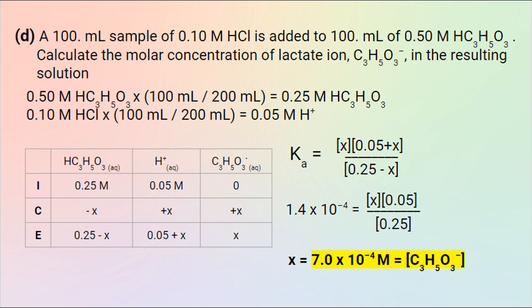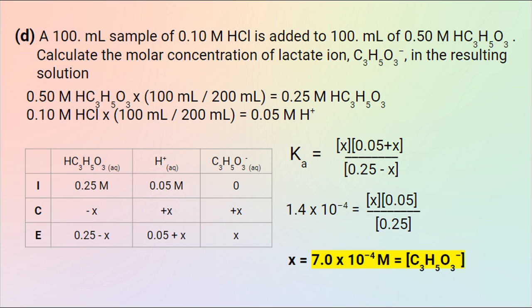So I have 0.5 molarity HC3H5O3 times 100 milliliters over 200 milliliters, because that's the total volume, which equals 0.25 molarity HC3H5O3.